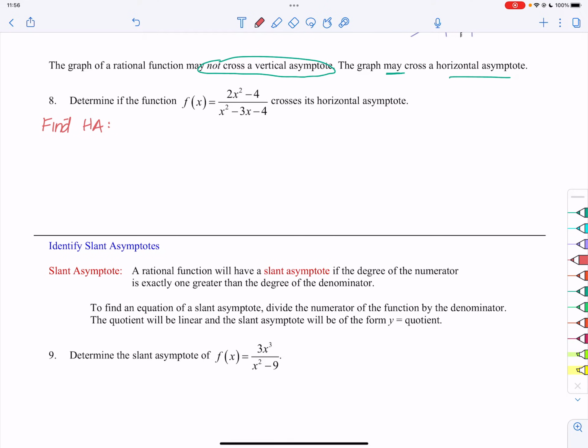So we're going to look at the degree of the numerator, and we're going to look at the degree of the denominator, and both of these degrees are 2, so n is equal to m. So what do we have? y equal to 2 is a horizontal asymptote.